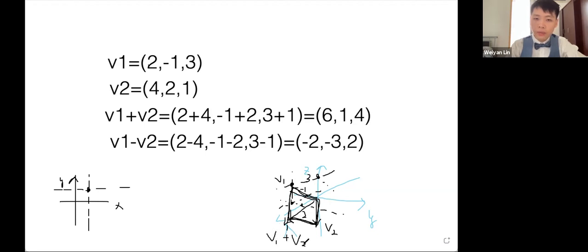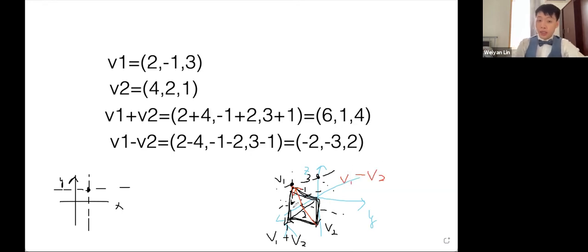V2, right? And then V1 minus V2 is the one that goes from the endpoint of V2 to the endpoint of V1. So this vector, the red vector, would be V1 minus V2.